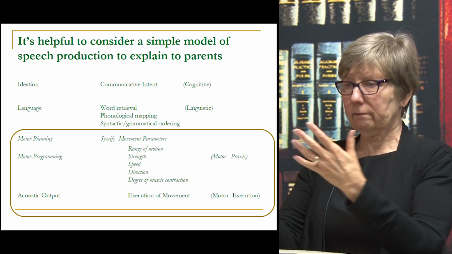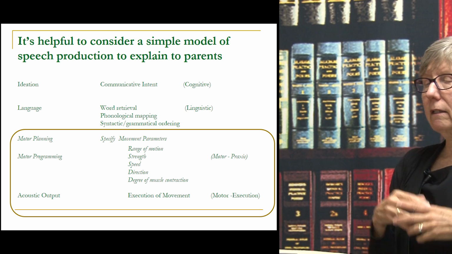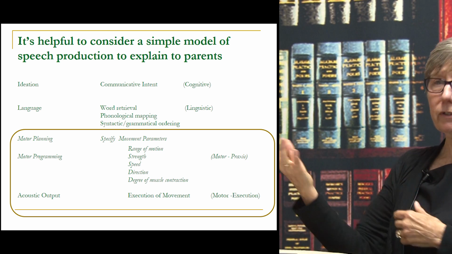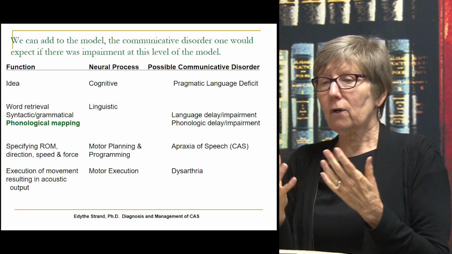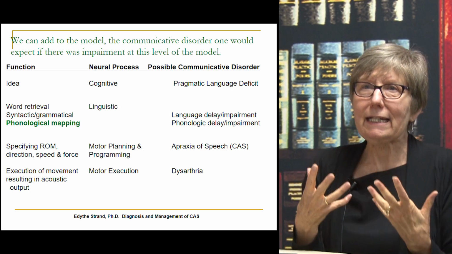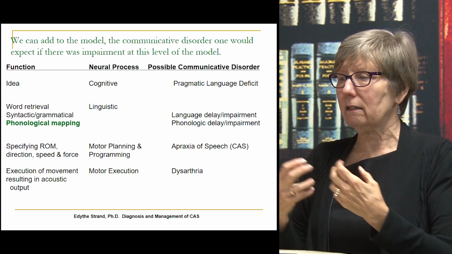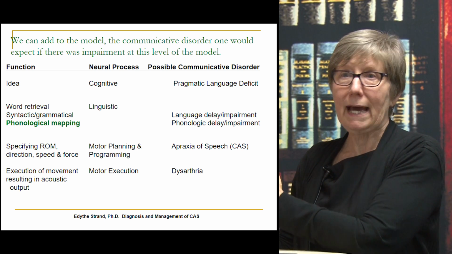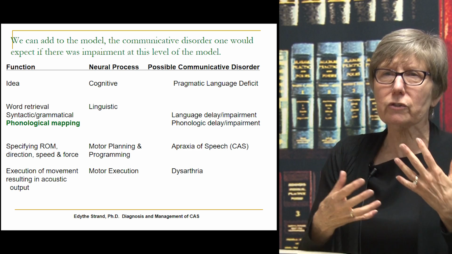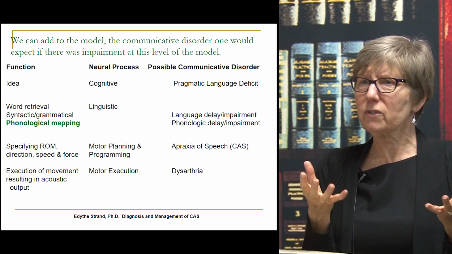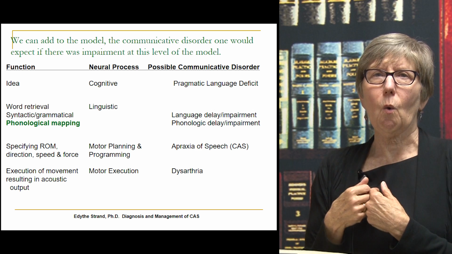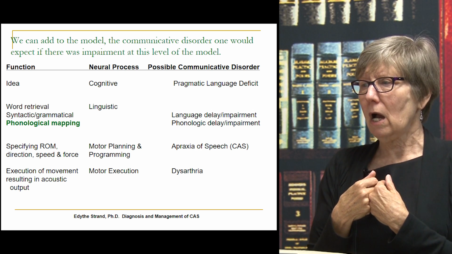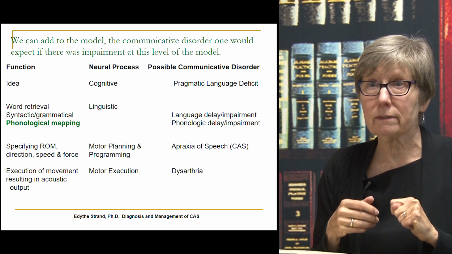So we can put that actual communicative disorder into the model as well, and you see that on this next slide. So if there's a problem with ideation or the intent to communicate, we say that child has a pragmatic language deficit, and that usually indicates a child who's somewhere on the spectrum and doesn't yet have either joint attention or the ability to point to what they want, that sort of thing.